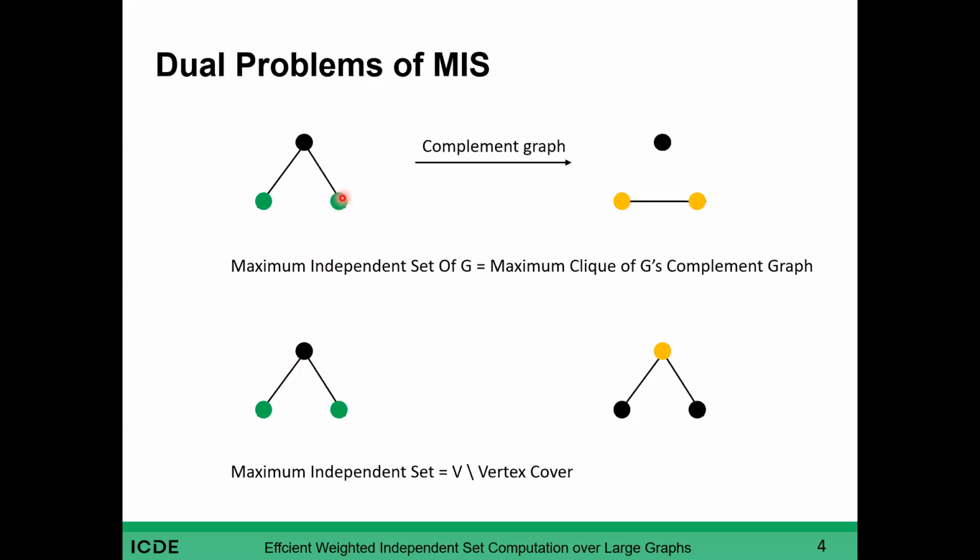Look at these two small graphs. We can easily see that the maximum independent set of G is equivalent to the maximum clique of G's complementary graph. And for a single graph, the maximum independent set and the vertex cover set are complementary.